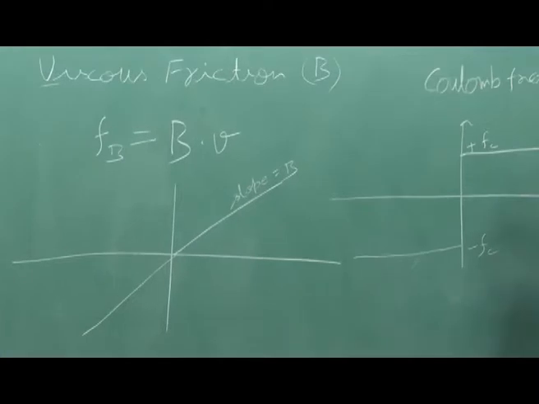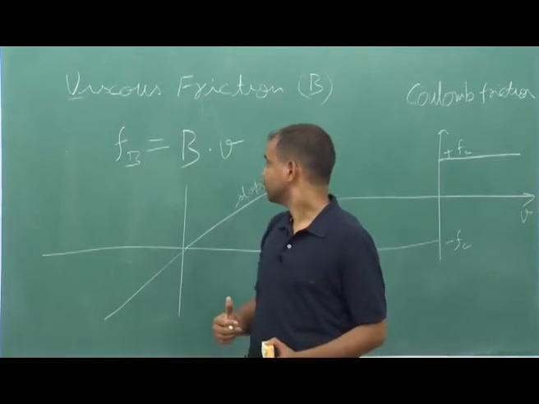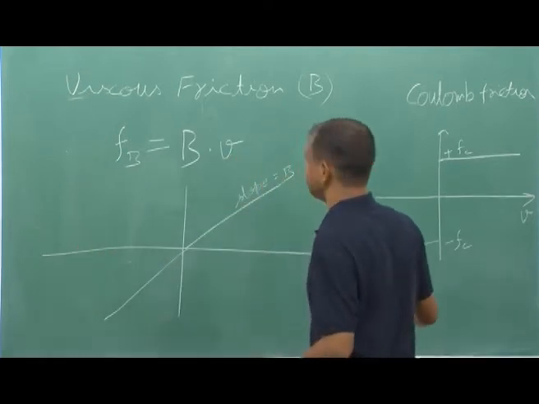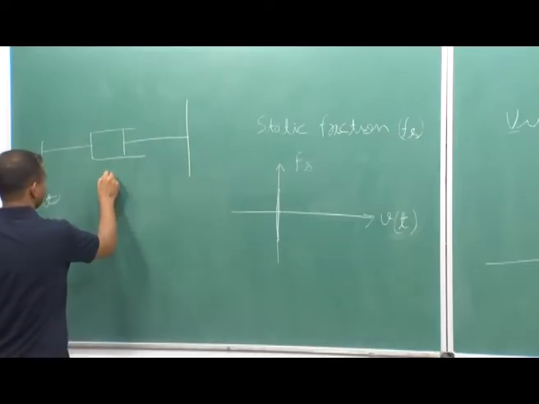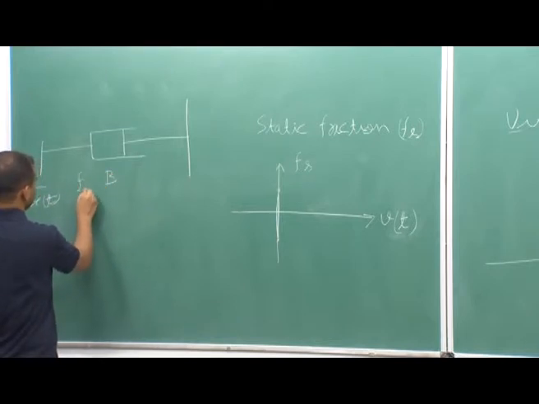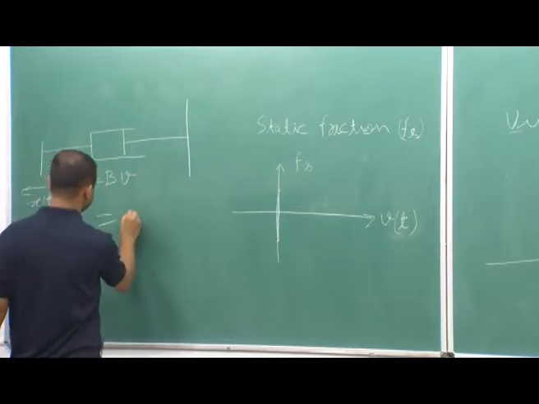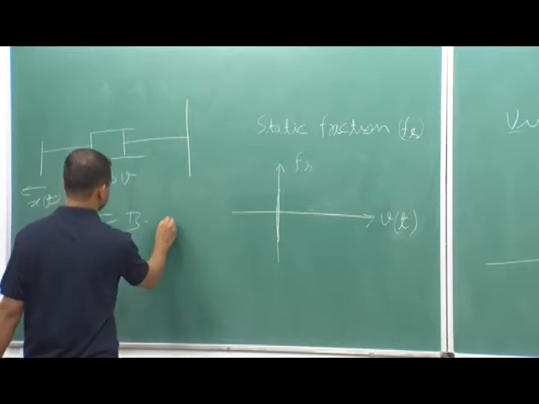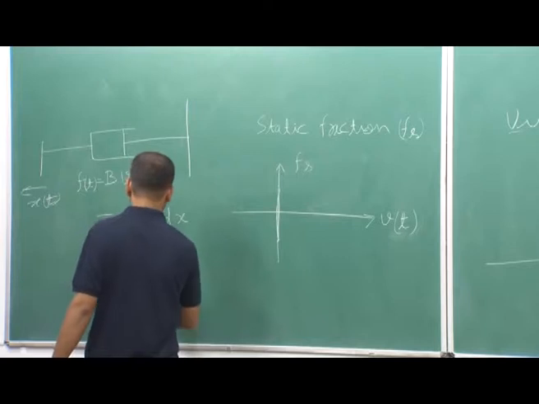In our study, most of the time the friction we observe is viscous friction. So, we will be ignoring the static friction and Coulomb friction, and the friction that we will observe is viscous friction only, and the force due to this friction is B into V, or we can write B into dx/dt.